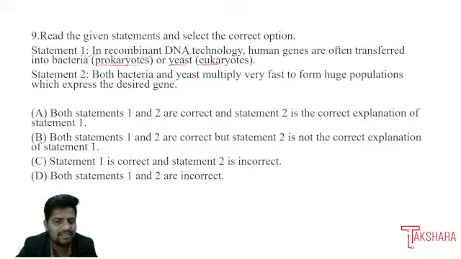And both the bacteria and yeast multiply very fast and form a huge population which can express the desired gene.